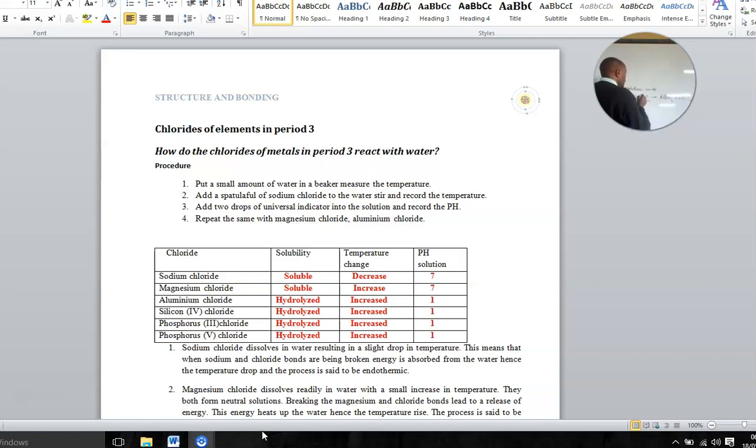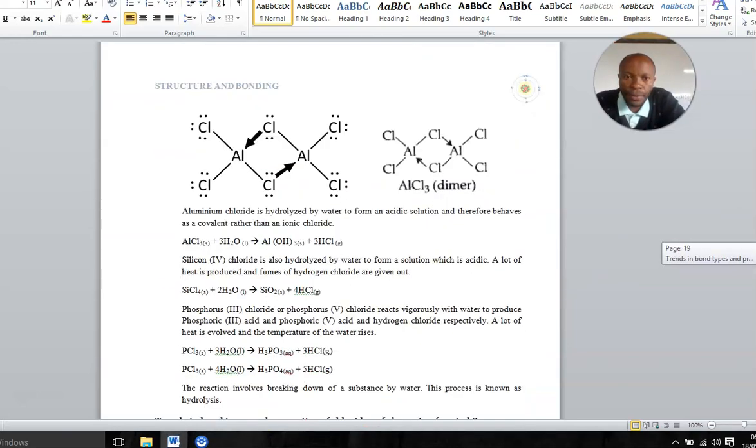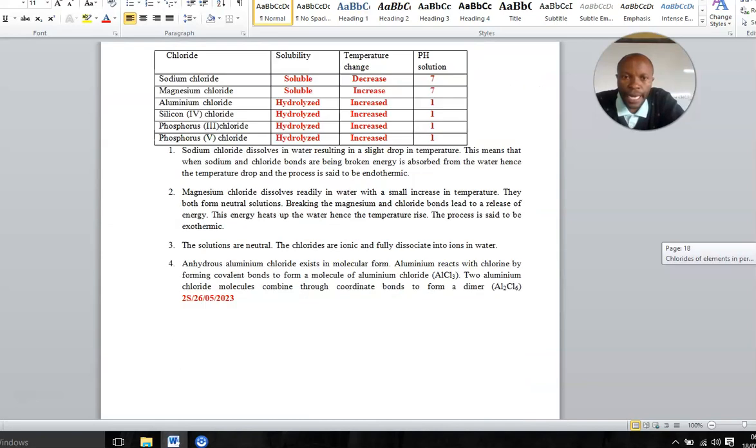So you're going to observe fumes of hydrochloric acid. So in this case, 3 water, 6 and 6, so in that case, you may have something close to that. The process is hydrolysis.